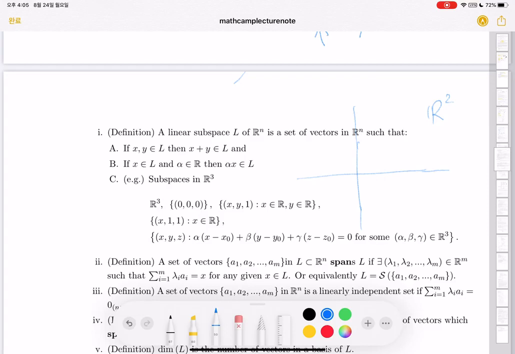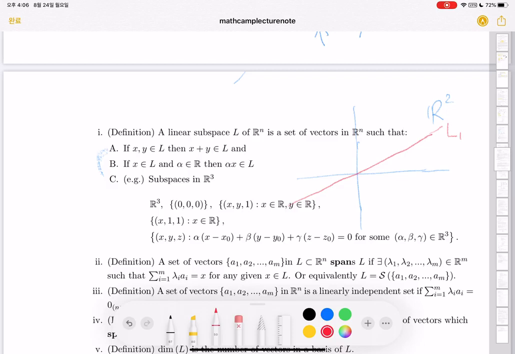A linear space is a subspace of this two-dimensional R2 that satisfies these two conditions. So let's think about this. Can this be a linear subspace? Let's call this one L1.